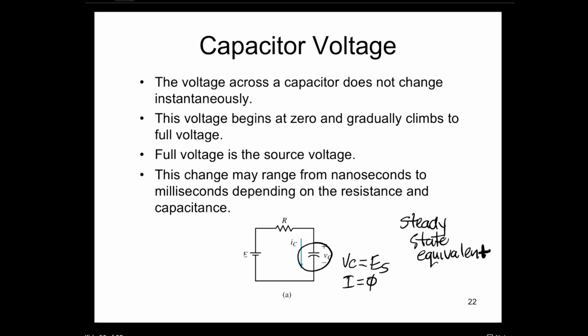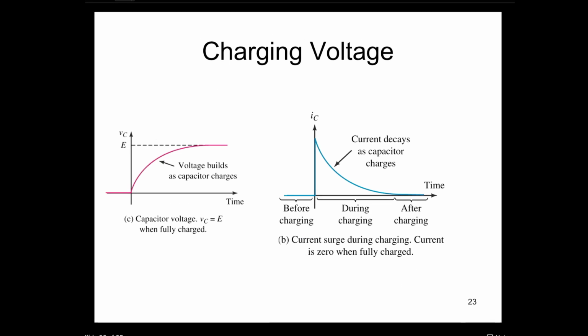Would that be an open or a short? Well, remember, source voltage and no current is an open. So we're talking about the steady state equivalent of a capacitor being an open. Okay?